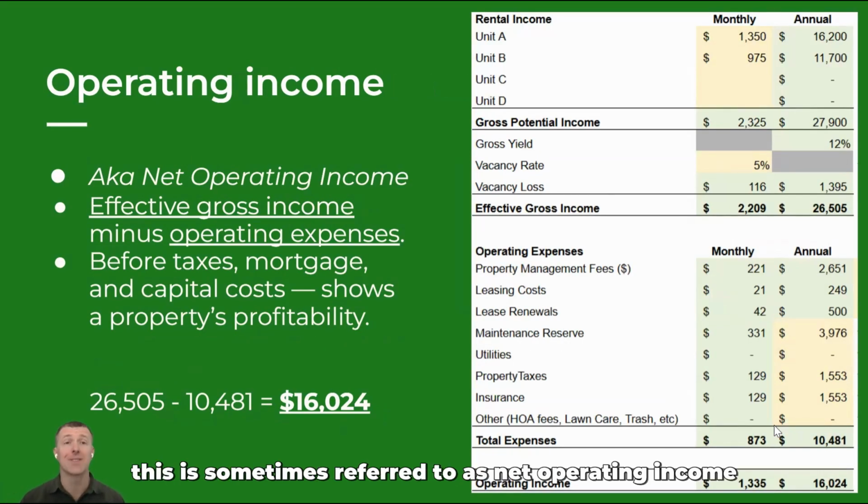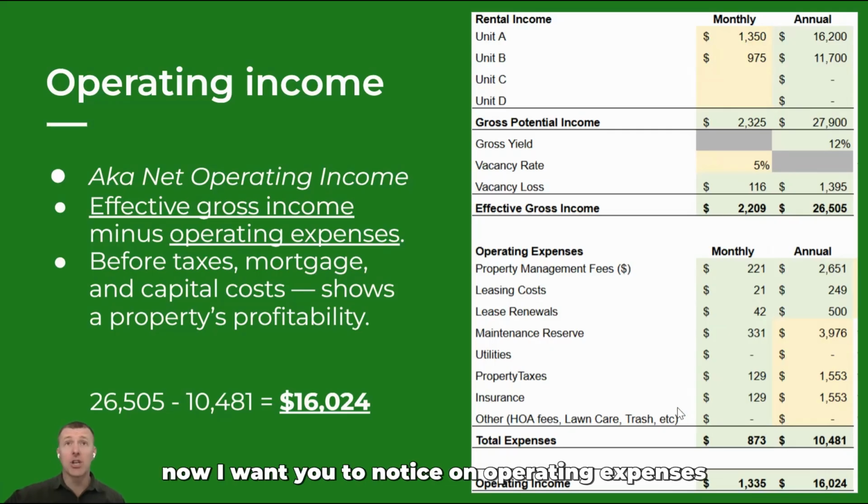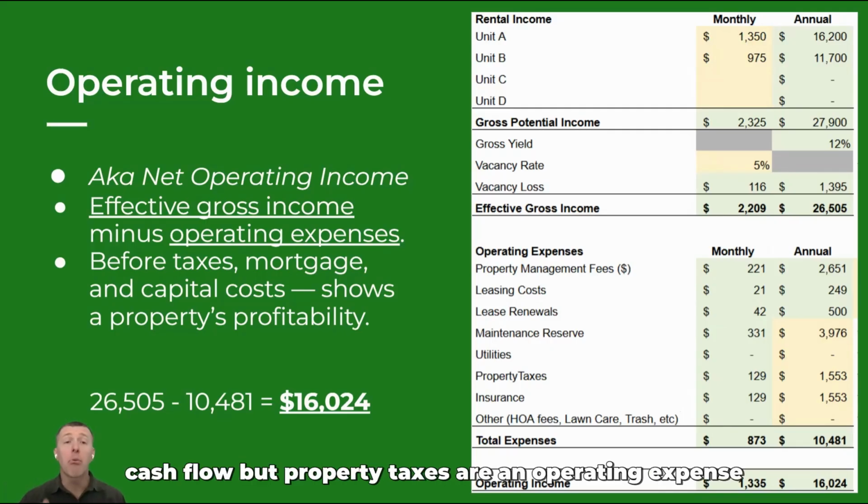Moving on. Now we have operating income. This is sometimes referred to as net operating income, and it's your effective gross income minus operating expenses. Now, I want you to notice on operating expenses, we have property taxes as an operating expense. And that's important because we'll talk about taxes and after-tax cash flow, but property taxes are an operating expense.